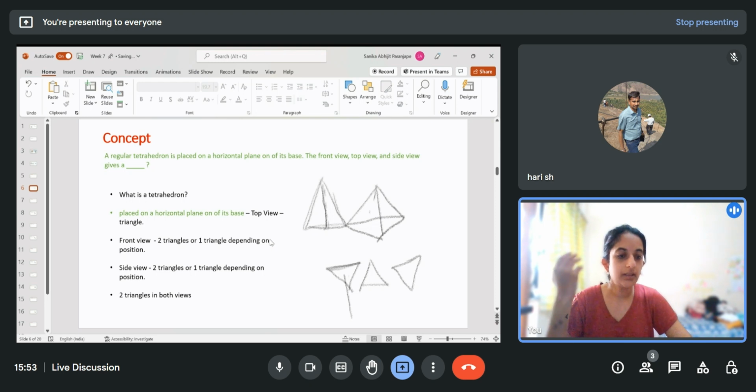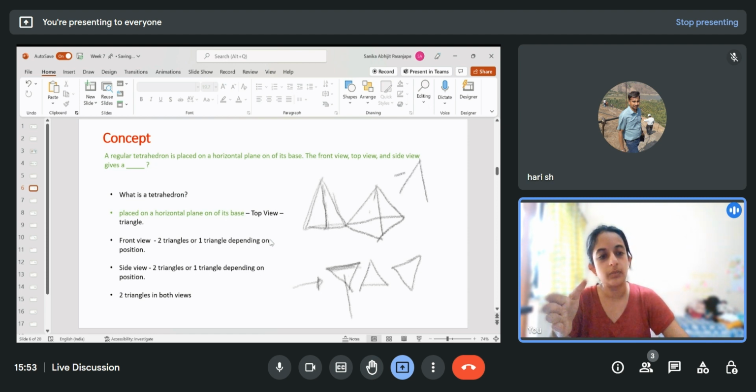If I have it like this, and in side view, if I'm viewing from this side, since this is parallel to VP, I will see a triangle, and both of my points, this point and this point, will coincide over here, and the third line will be here.